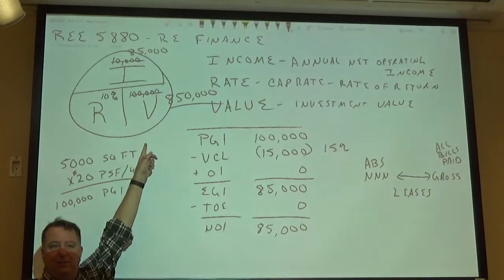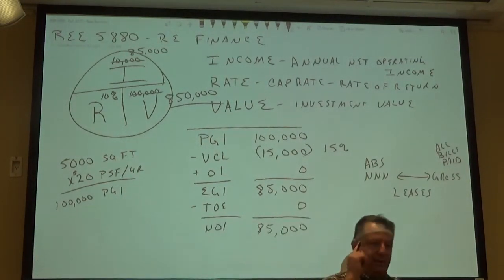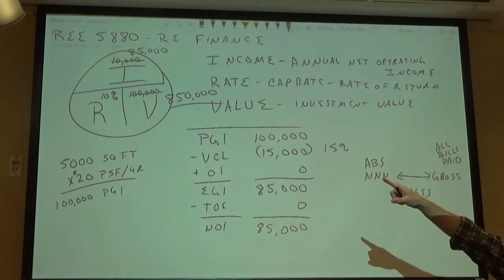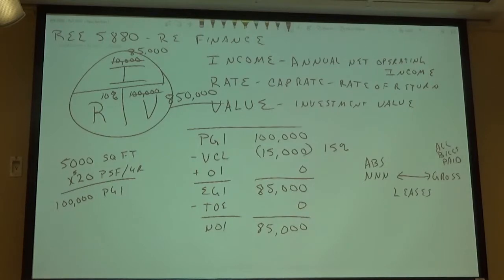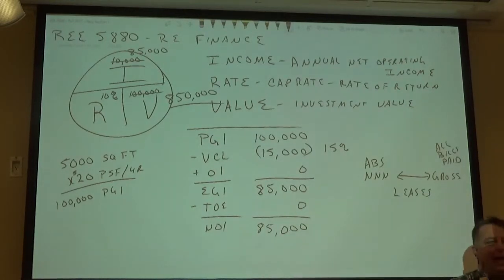Does that make sense? Okay? So for every dollar, let's just think about this for a second. If our cap rate is 10%, for every additional dollar of net operating income, how much additional value does that create for the property? 10 extra dollars. Does that make sense?